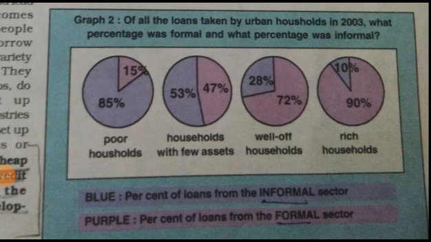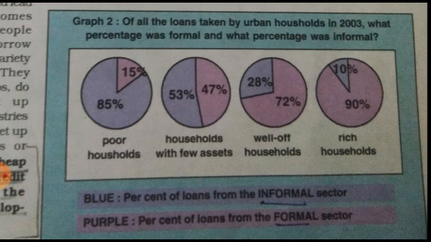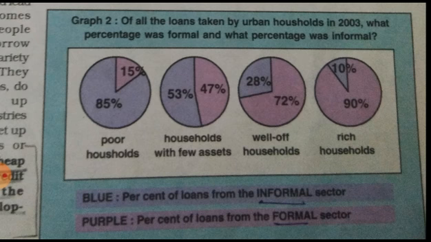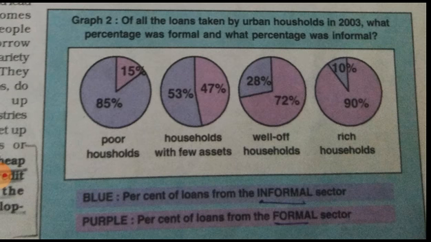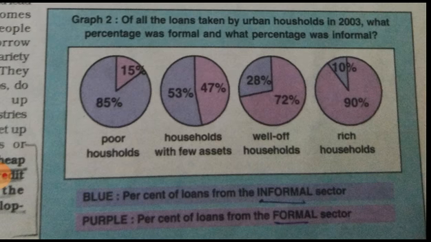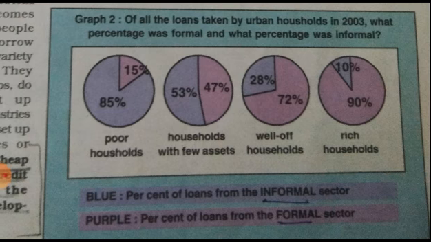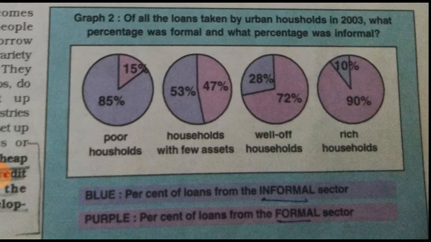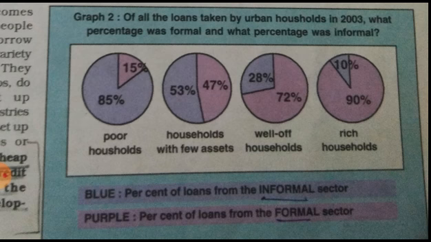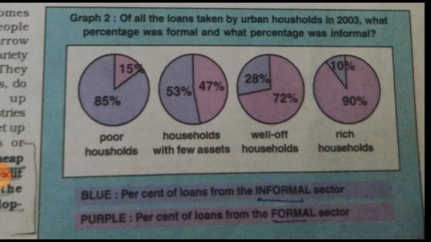Comparing this with rich urban households, what do you find? Only 10%, which we have seen in the last figure of this graph, only 10% of their loan is from the informal sector, and 90% of the loan is from the formal sector. It is about the rich people. So 90% are from the formal sector, because they easily get loans from the banks against their collateral. A similar pattern is also found in rural areas.